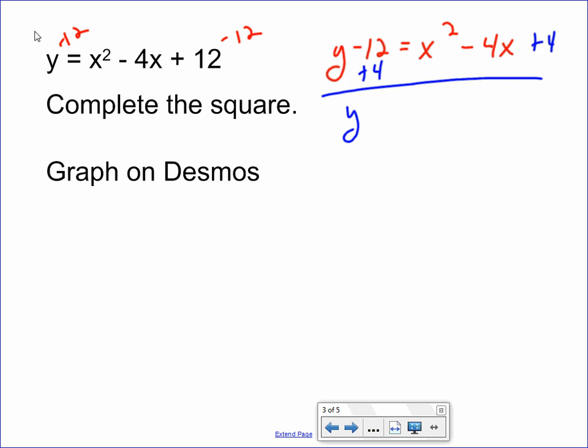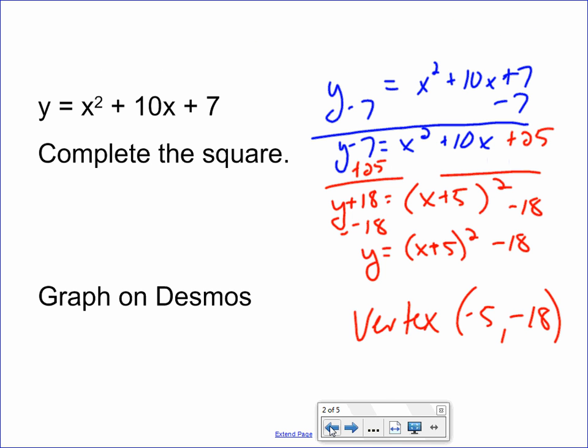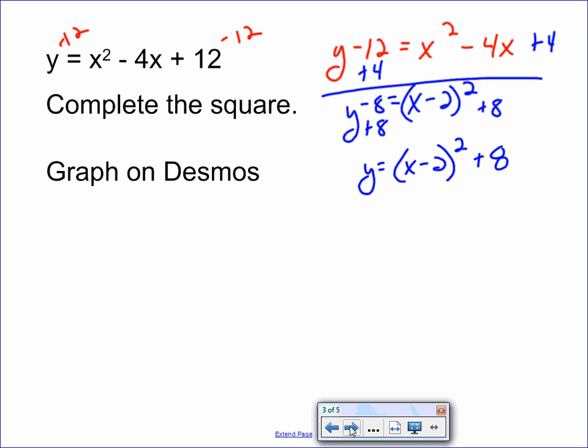So now I've got y minus 8 equals x minus 2 squared. My last step, I'd add the 8 to both sides, and you have x minus 2 squared plus 8. Looking back at the other one, the number inside the parentheses comes out opposite, and that's our x, so it'd be a positive 2, and the y is just an 8.